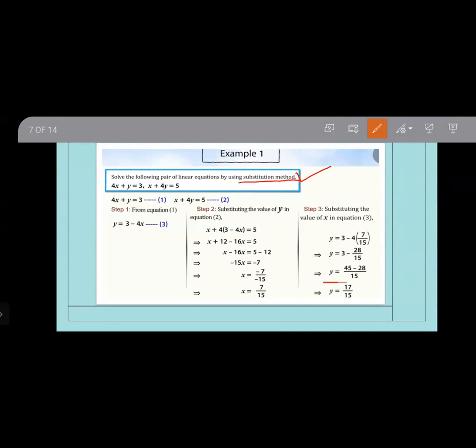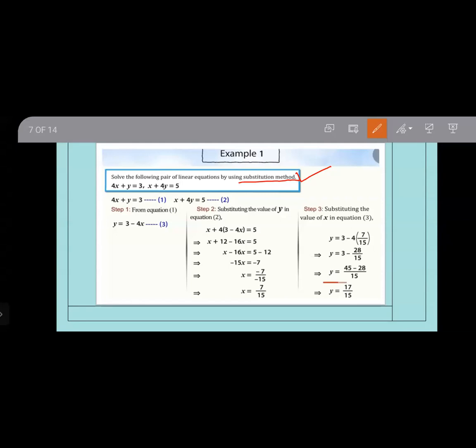Now what is your first duty? Your first duty is to check whether the given equation is in the standard or the general form or not.